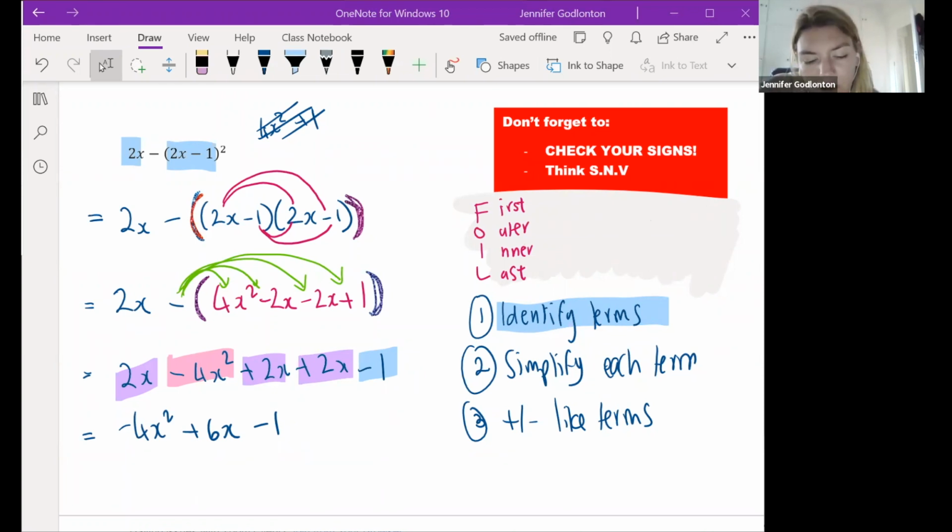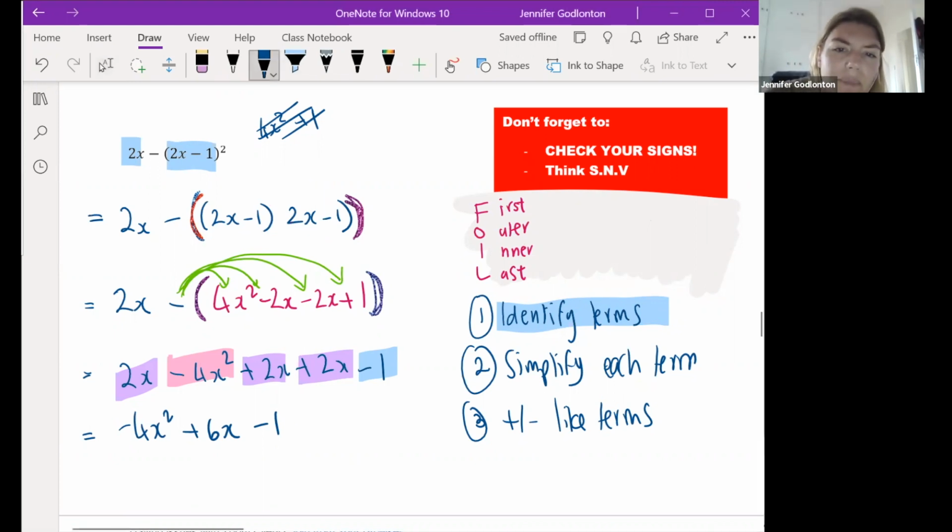I don't understand FOIL. You don't understand FOIL. So FOIL is just a way for us to multiply two binomials together. So there's two terms in this one and there's two terms in there. You don't even need to think of FOIL. You just need to think everything has to multiply by everything. So this 2x needs to multiply by that 2x. This 2x needs to multiply with that negative 1.